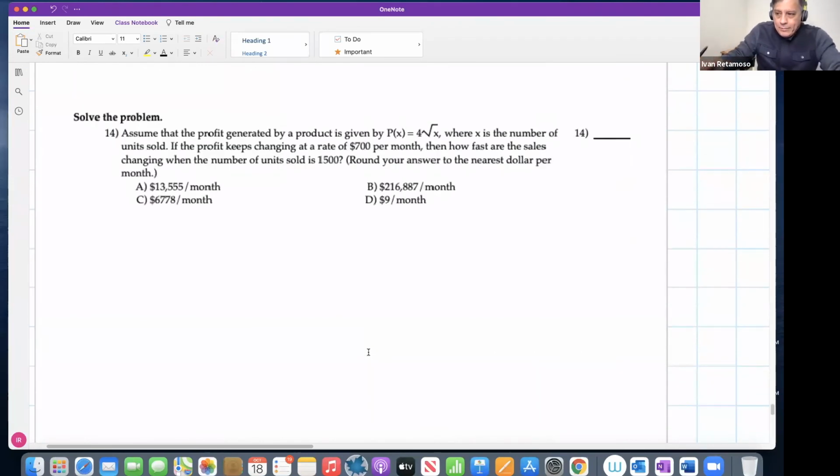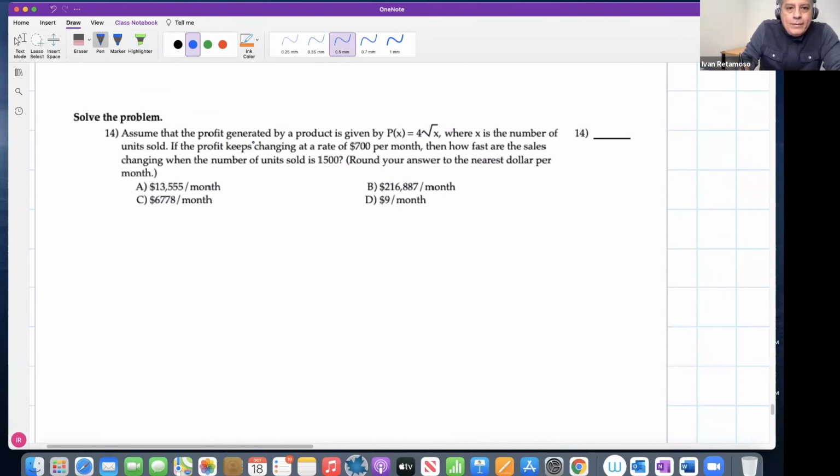For number 14, they are saying here, assume that the profit generated by a product is given by this profit function, P(x) = 4 times the square root of x. So the profit function that some economists have figured out for this company is given to us, where x is the number of units sold.